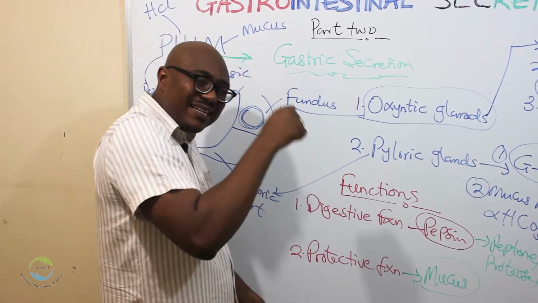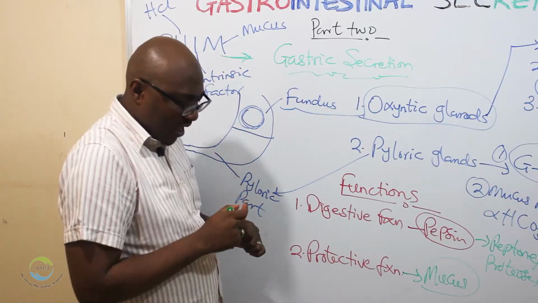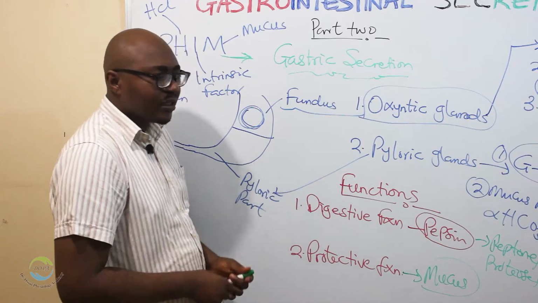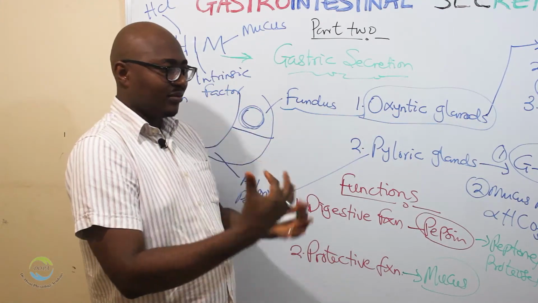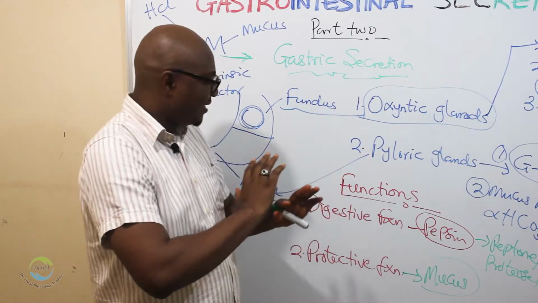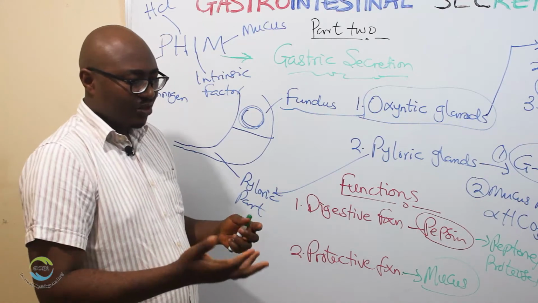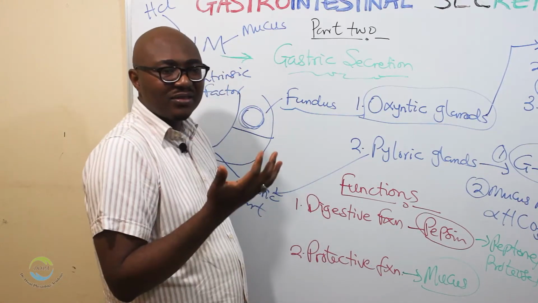Then even the hydrochloric acid itself has a protective function. How? Remember that the food you are taking in from the outside environment is contaminated, no matter how you want to look at it. Sometimes you pick food to eat, your hand is not clean, you throw it inside your mouth.